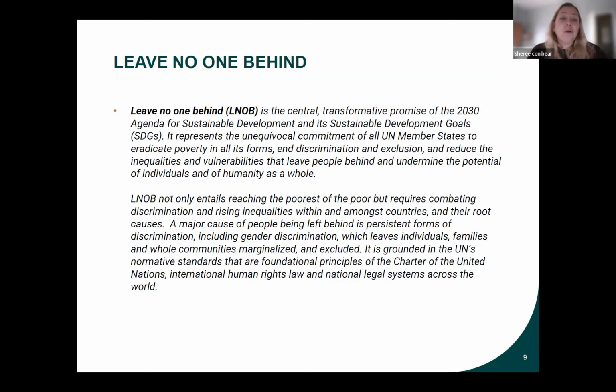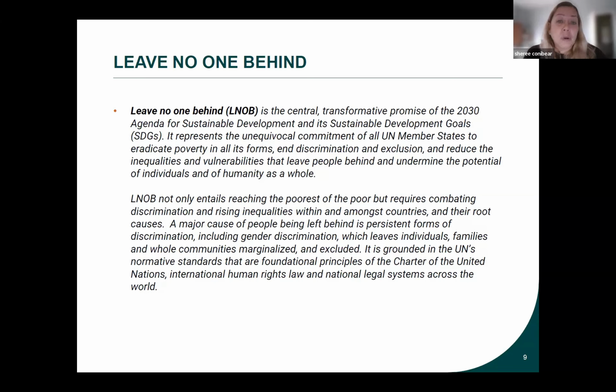So that's why Leave No One Behind is really important to support us in thinking about the SDGs, and for each SDG, who is left behind and why. And so it's not only reaching out to the poorest of people, but also thinking about discrimination. Those who are left behind because there's discrimination towards them.